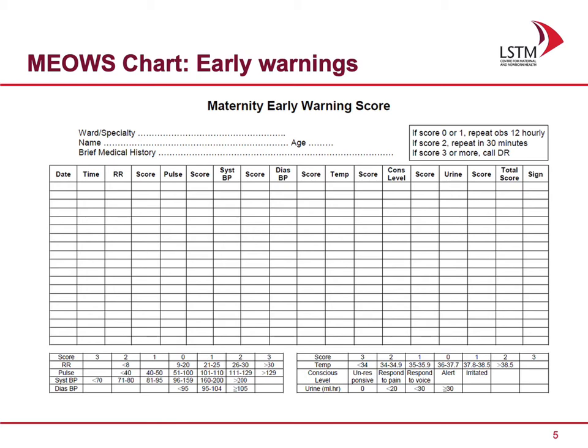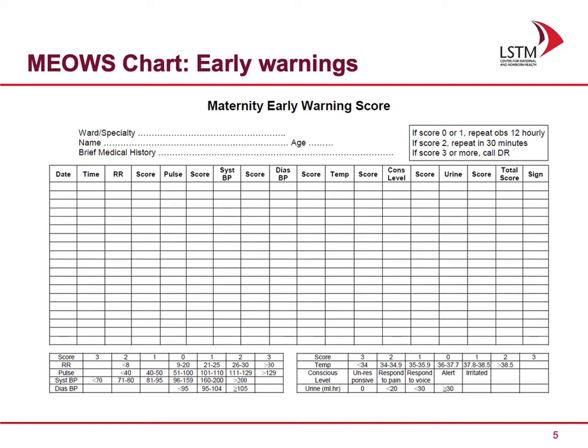But if the score's 2, then a repeat is required in 30 minutes. And if the score is 3 or more, then care should be escalated to more senior staff, in addition to prompt first aid measures being taken by the person involved. So this is a way of assessing the overall condition of a patient using their vital signs.